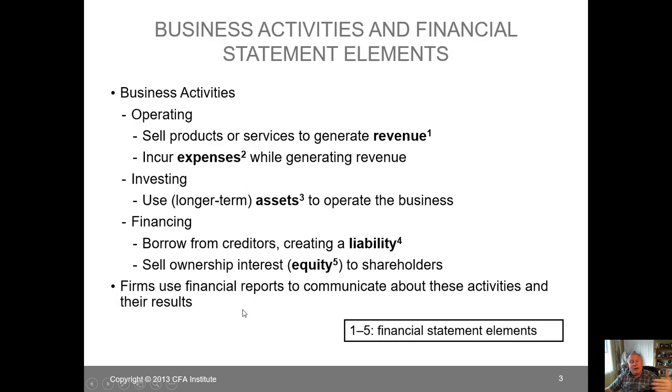Then there is financing, borrowing from creditors, that creates a liability, or selling an ownership interest, equity, to the shareholders. So financing is how are you paying for all of this. Financial firms use financial reports to communicate about these activities, to tell us what's going on. But I want you to start thinking in this business activity perspective as opposed to just the accounting.